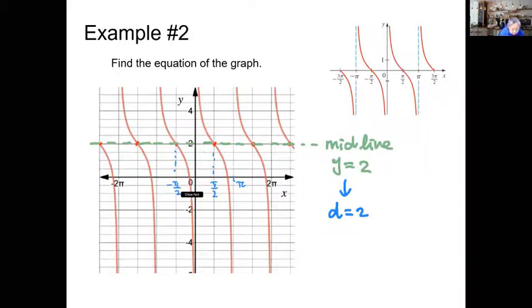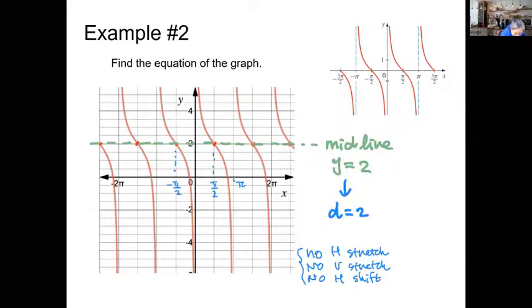Then compared to the original function, there's no horizontal stretch. So that being said, no period change, no vertical stretch, and no horizontal shift. The only transformation observed from here is the vertical shifting 2 units up.